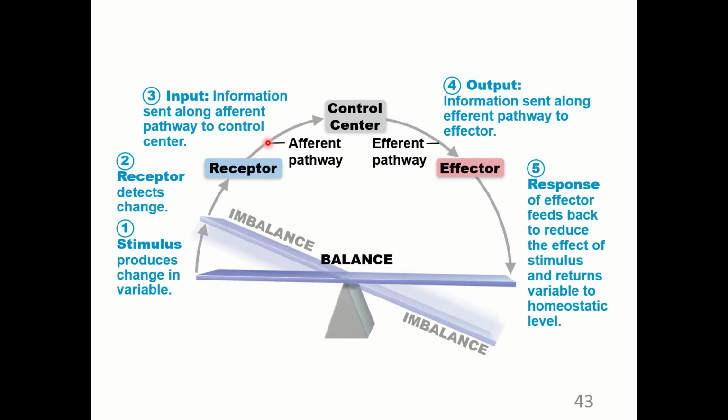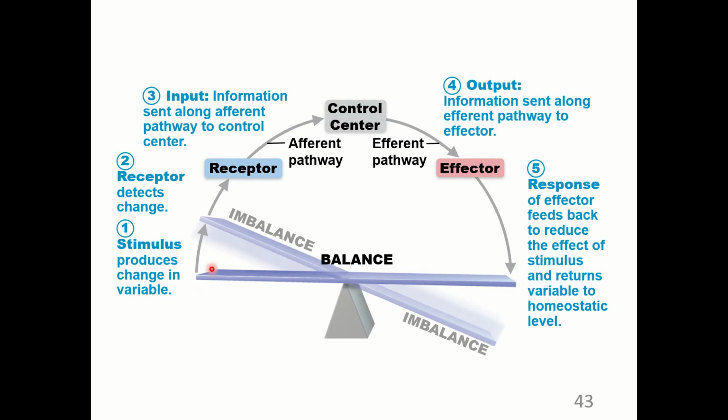Afferent means it's approaching the control center, which is generally in the brain. Step 4, information is sent along the efferent pathway to the effector. Efferent exits the brain. Step 5, the response of the effector feeds back to reduce the effective stimulus and returns the variable to homeostatic level.